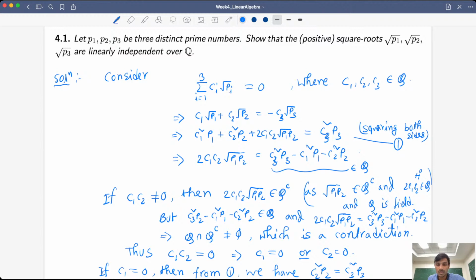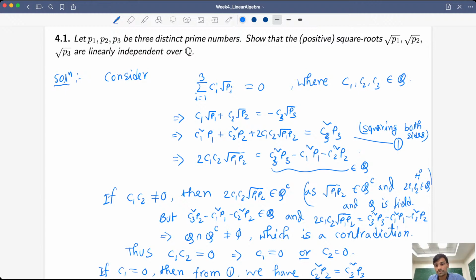So in this case again I will use that p2 is not equal to p3, they are distinct. So p2 must divide c3 square p3. That means it will divide c3 square or p3, because p2 is a prime number, but p2 cannot divide p3. So p2 must divide c3 square, but p2 dividing c3 square implies it divides c3, again due to the prime number property.